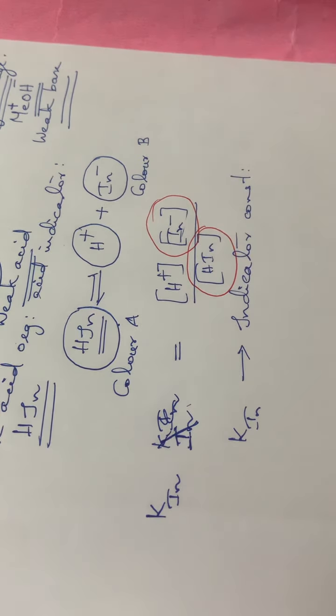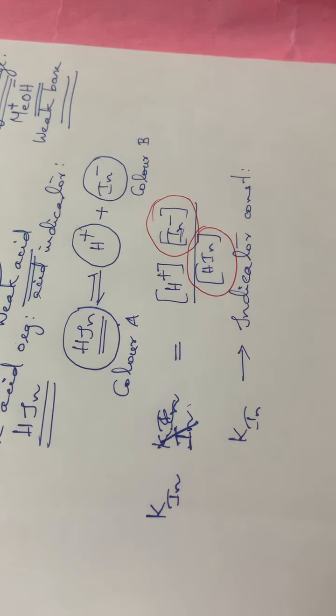If In minus is increasing, then HIn has to decrease. Also, if In minus is decreasing, HIn has to increase. Thereby, the equilibrium constant can be kept at a particular constant value. Okay, that is how it is adjusting.